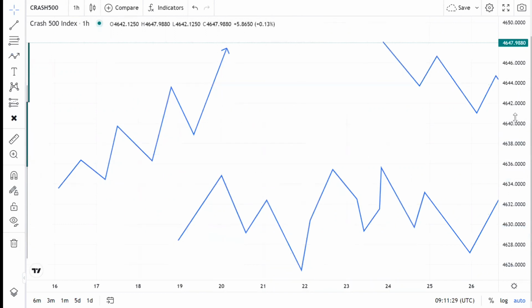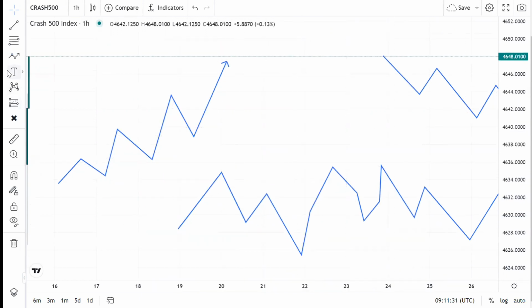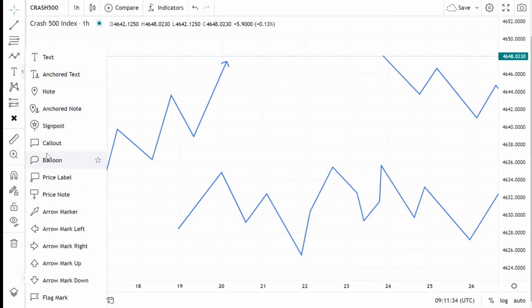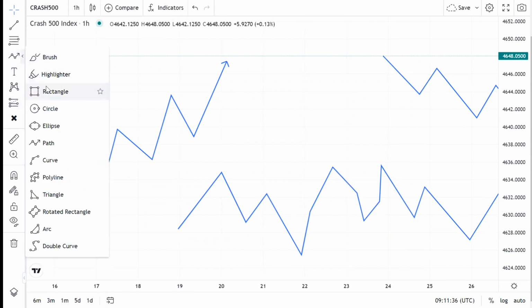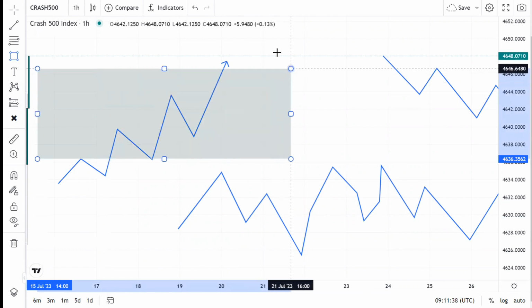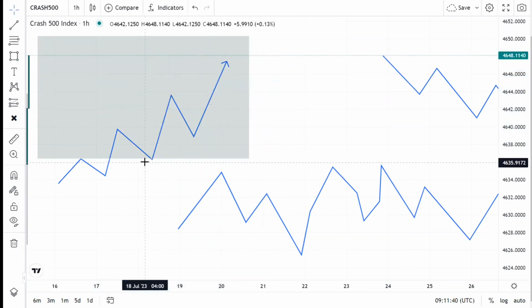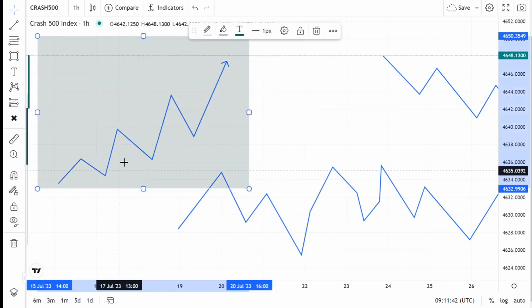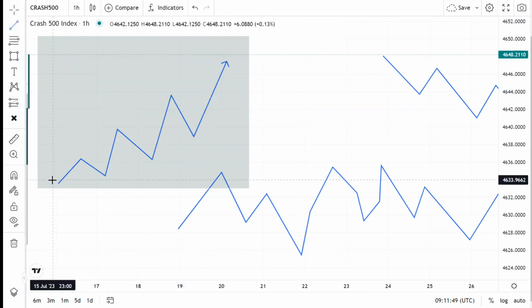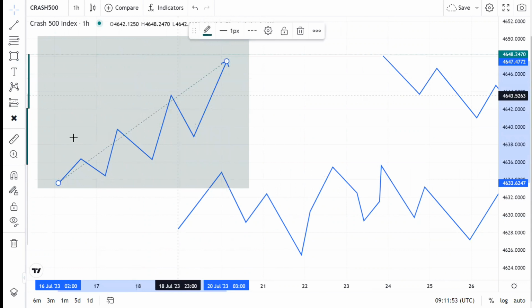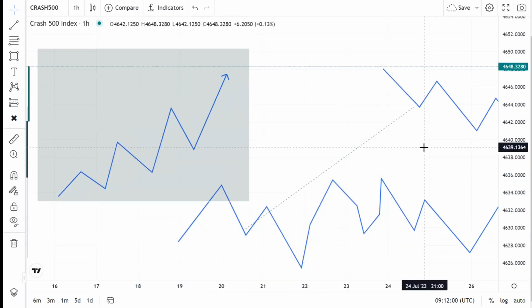Now, you must understand that in an uptrend, we also have downtrends. The reason we call this an uptrend is because the overall movement is going up. If you connect the starting of this trend to the ending, the trend line is heading up.